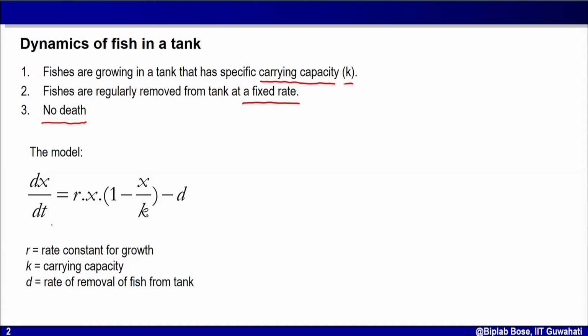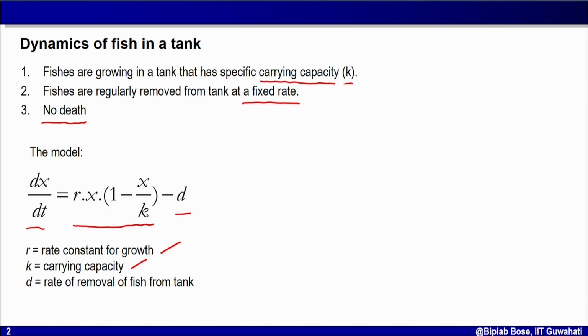So dx/dt, the rate of change in the population of fish, is equal to r times x times (1 minus x by k). You can recognize this first part is nothing but the logistic growth model. So r is the rate constant for growth of the fish, k is the carrying capacity, and x is the population size. Minus d. D is the rate of removal of fish from the tank and it is a constant rate.